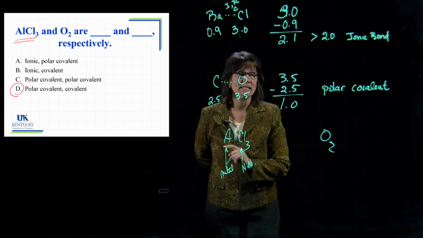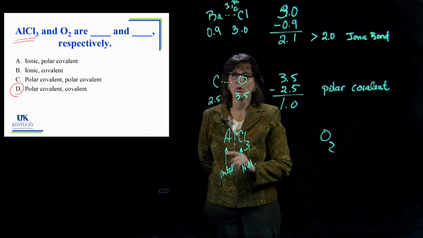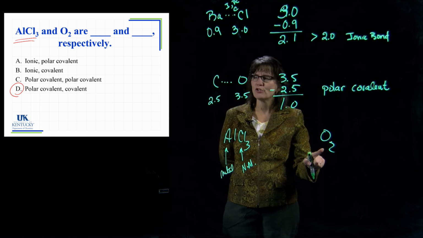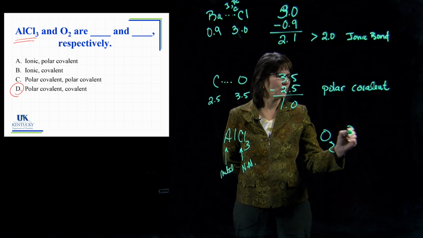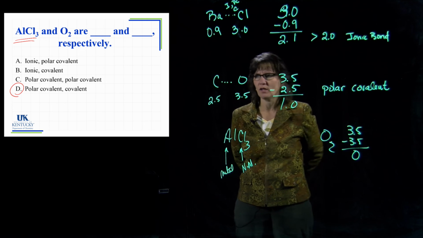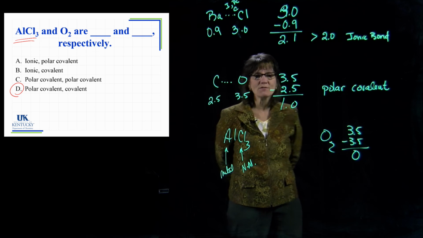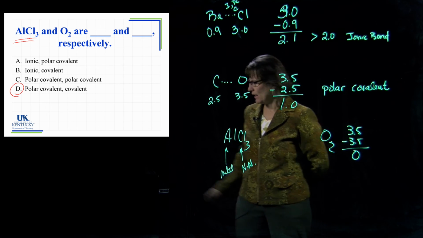But these electronegativity differences are actually less than 2.0, so this is a polar covalent bond. O2 is as pure a covalent bond as you can get. You're going to have a 3.5 minus a 3.5, and you have the equalest sharing you can get. Electronegativity difference of 0, that is going to be a pure covalent bond.